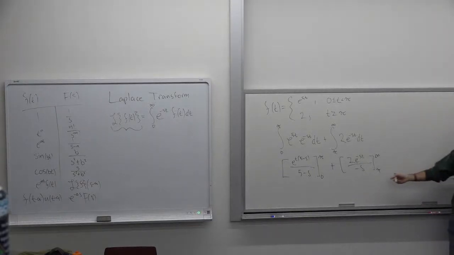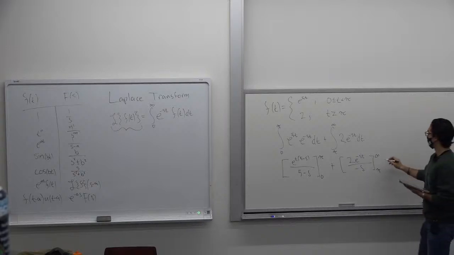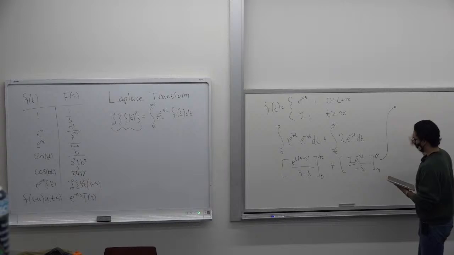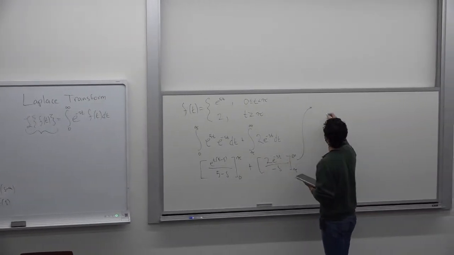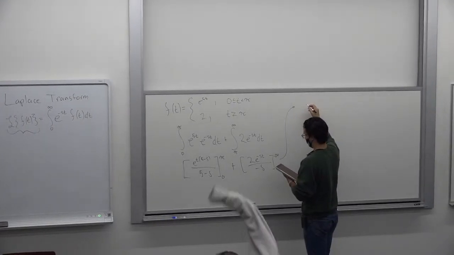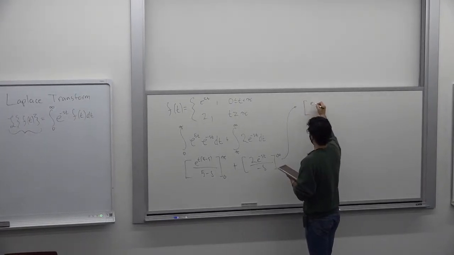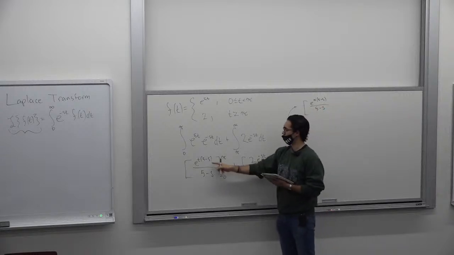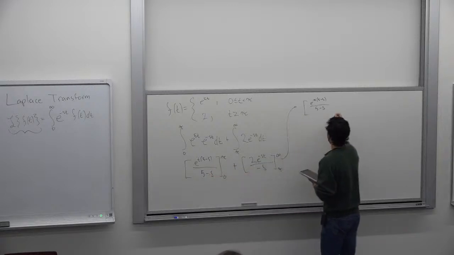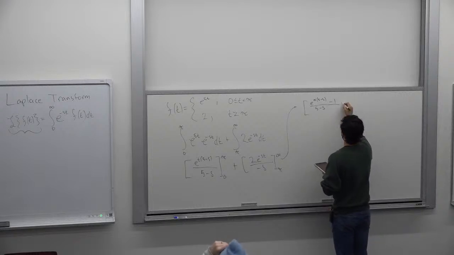Any questions about how I integrated this? All right. And we're just going to plug in our bounds. So we have e to the pi times 5 minus s over 5 minus s. And then when we plug in 0, this is just going to be 1. So minus 1. And then plus 2.